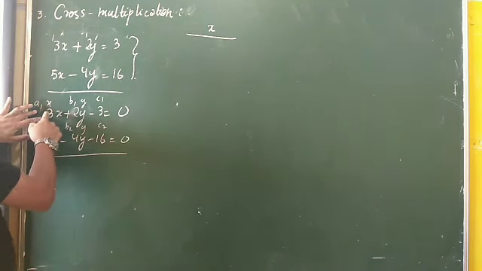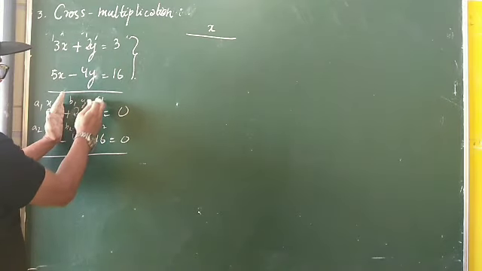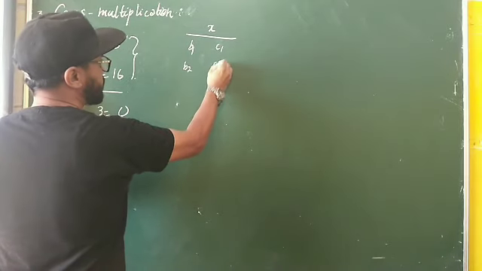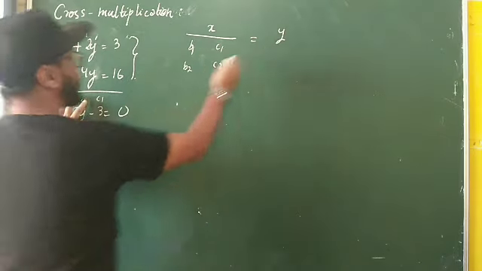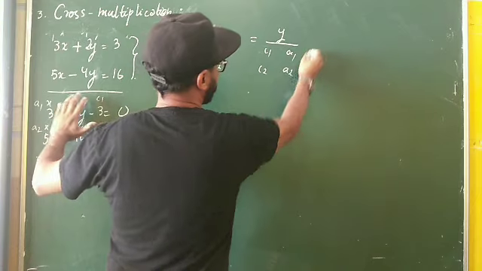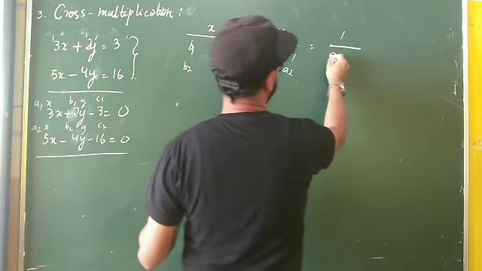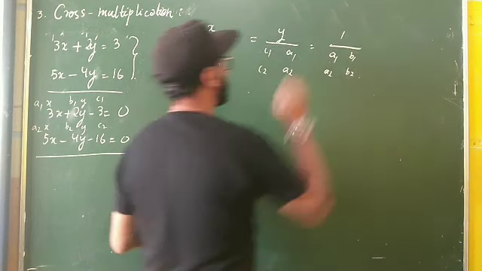For x, we have to take b1, b2, c1, c2. This is the rule. Equals, for y, we have to take c1, c2, a1, a2. Equals, for the constant, we have to go backwards, so a1, a2, then b1, b2.